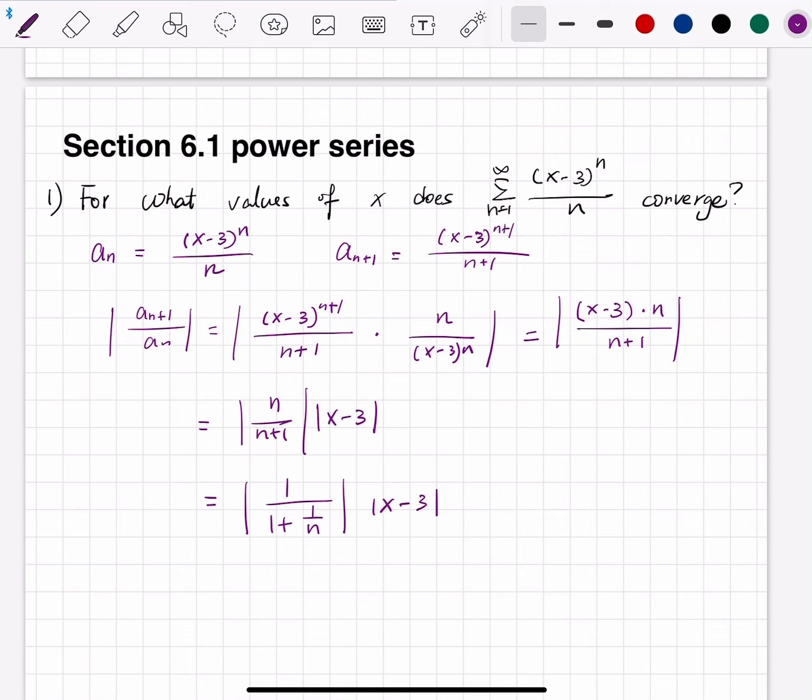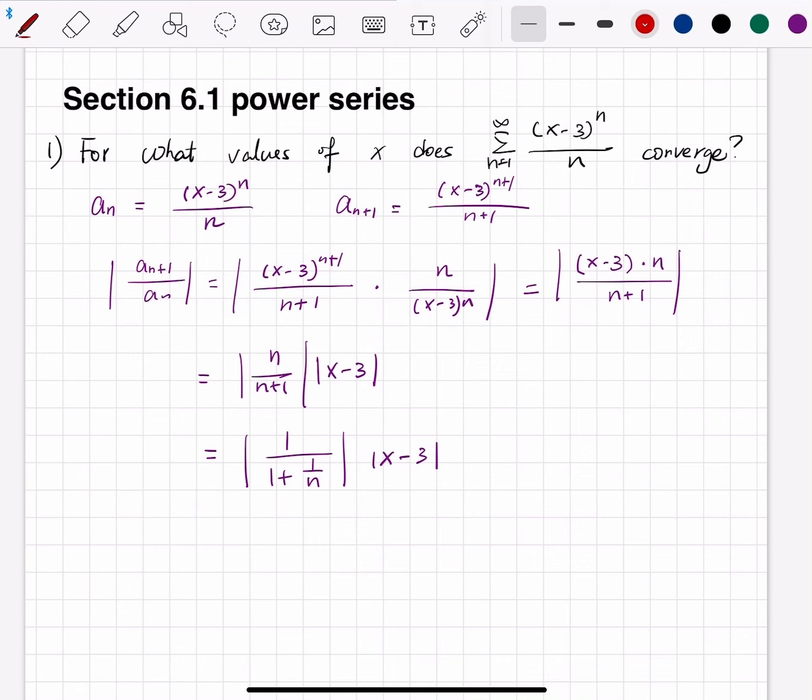Why do I want to do that? Because as n goes to infinity, 1 over n is going to go to 0. Then 1 over 1 plus 1 over n goes to 1. So this is going to be the absolute value of x minus 3 as n goes to infinity.